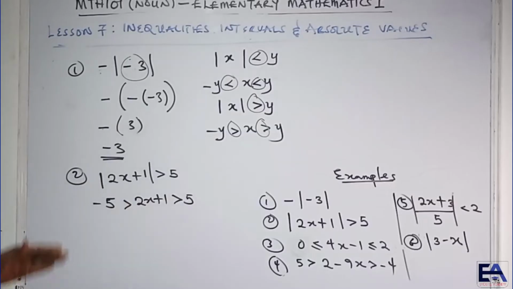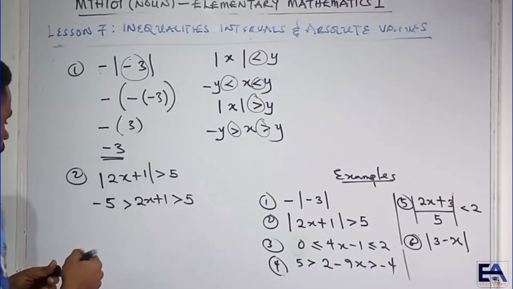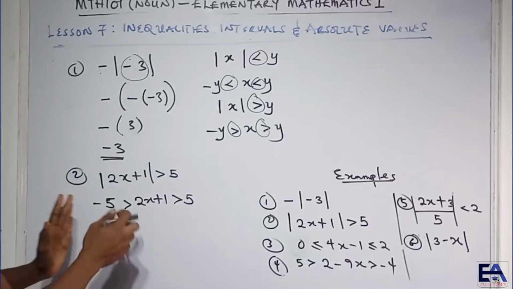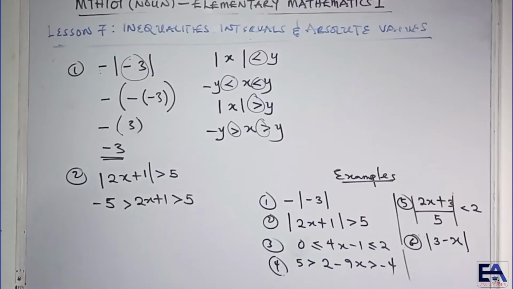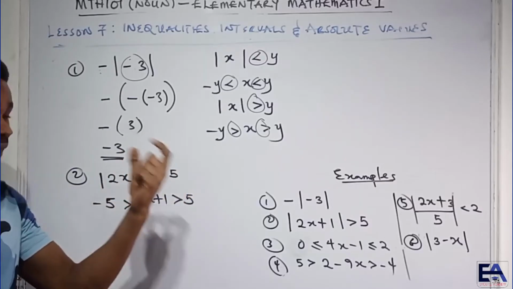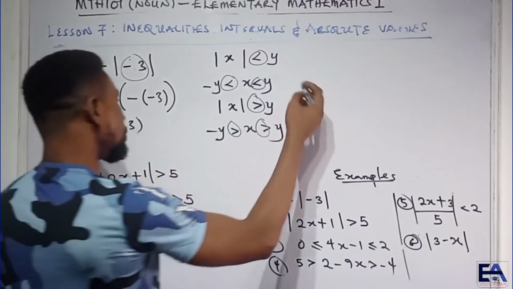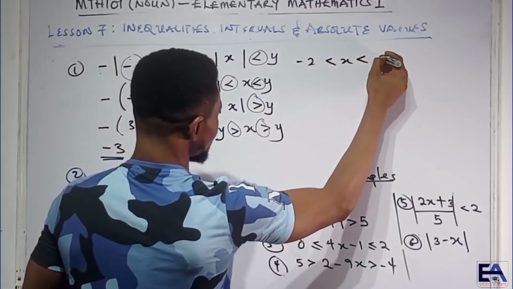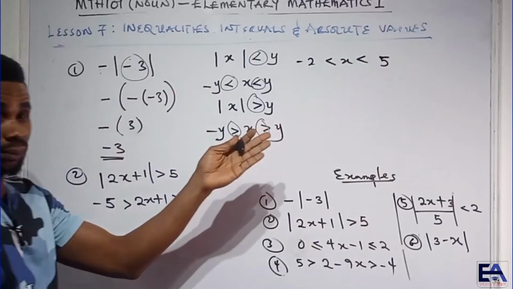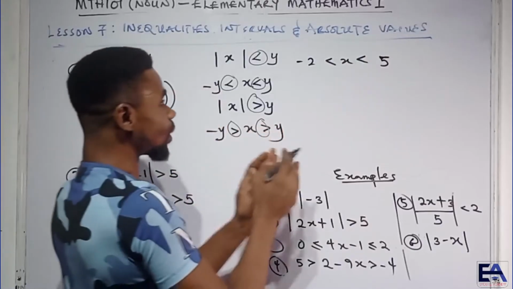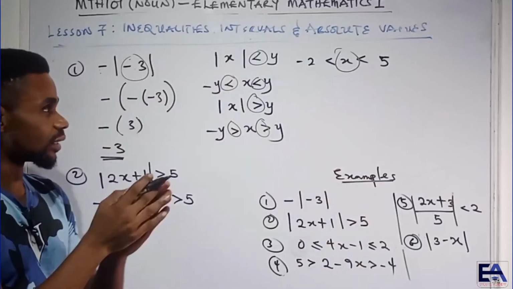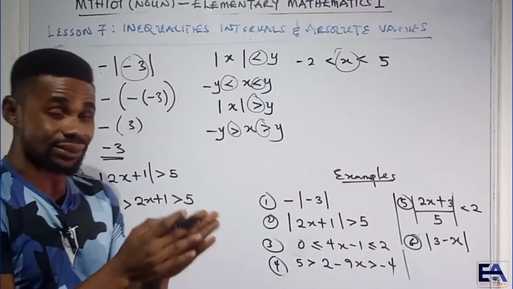Now, after we have this one here, the next thing to do is to find ways to make ordinary x stay in the middle, and then we have ordinary numbers on the other side, so that it can look like a standard inequality. An inequality would be something like, let's say, minus 2 less than x less than 5, or something like that. You understand what I'm trying to say? In the standard representation, only x stays in the middle.